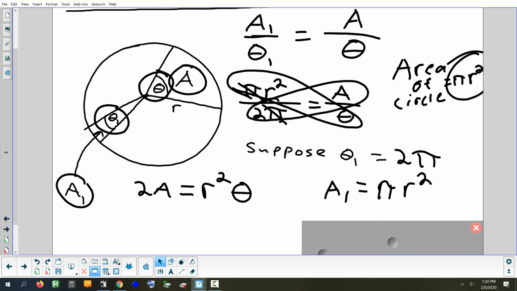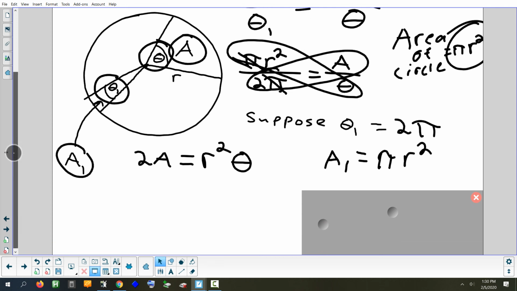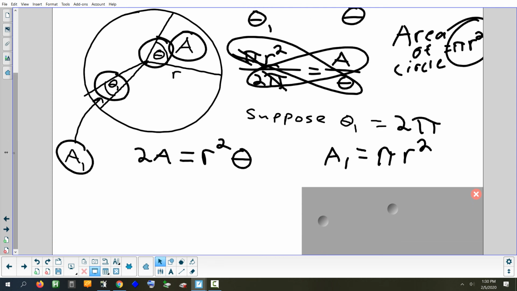Now that's not a formula for area. That's a formula for double area. We don't want double area. I want A. So how would I get the 2 on the other side? Divide each side by 2, which is also the same as multiplying each side by what? 1/2. Same thing. Take half of that.